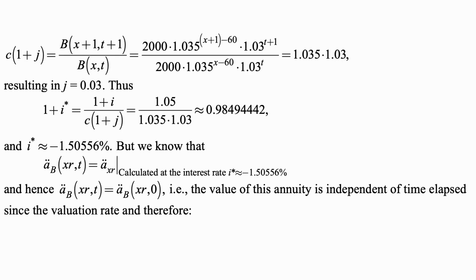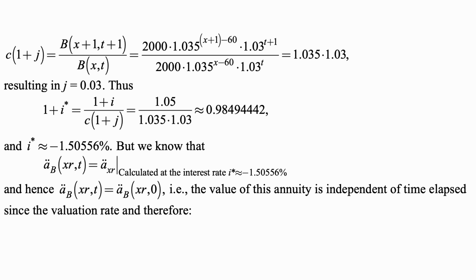Also, c times (1 + j), that's the second formula we had there, is equal to b(x+1, t+1) over b(x, t). And then we just plug in what we are given, and you see that this ratio is equal to 1.035 times 1.03, so that we see that j is equal to 3% or 0.03.